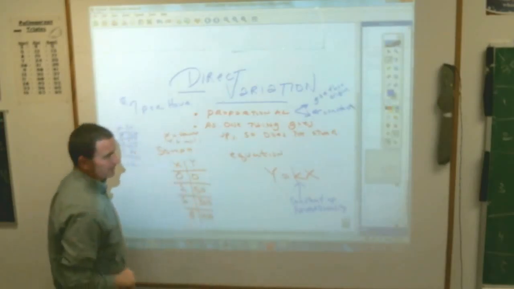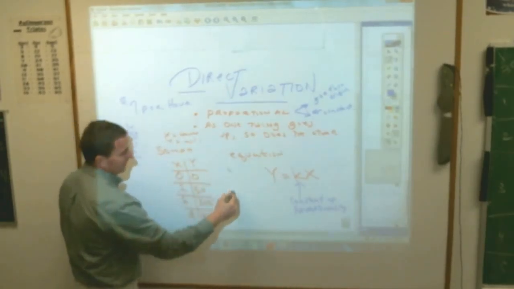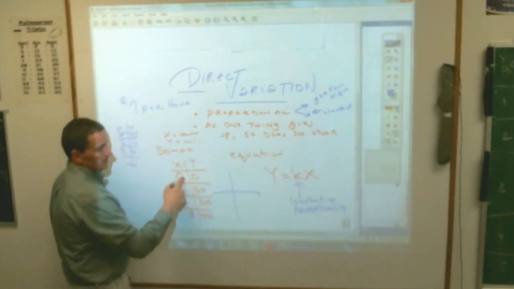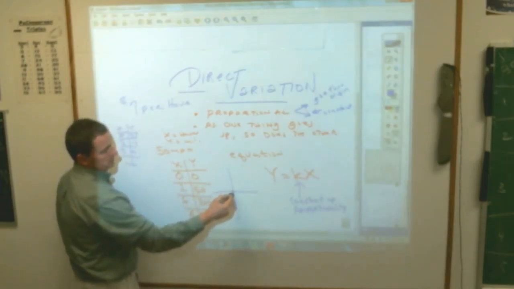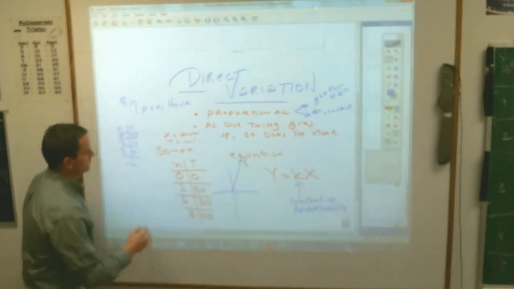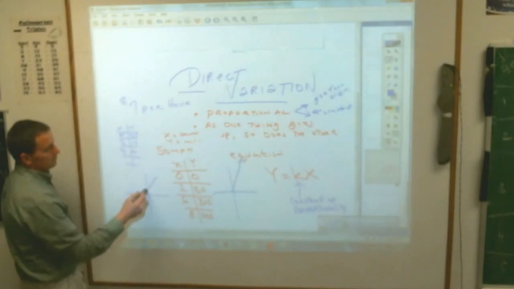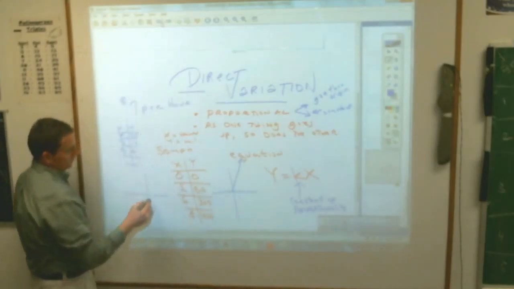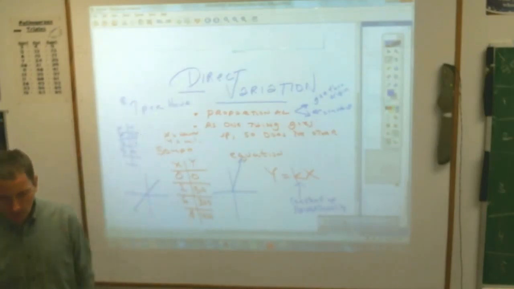Those two things have to happen. If I were graphing these things here, it has to go through the origin. This one would look like this. This one here, not quite as steep because it's times 7. Probably go like that, going through the origin.